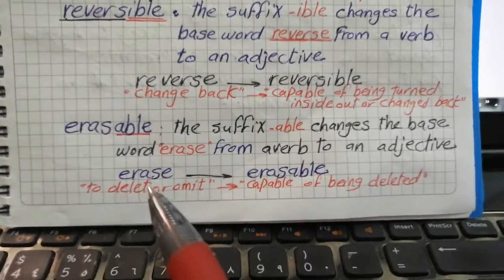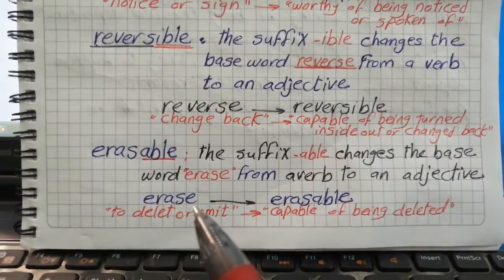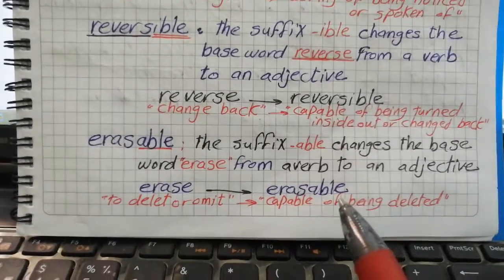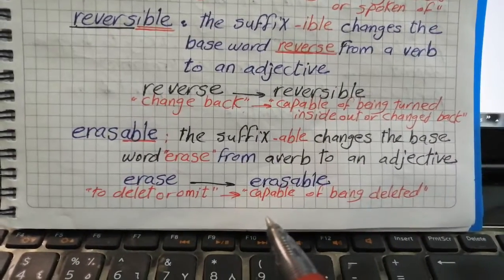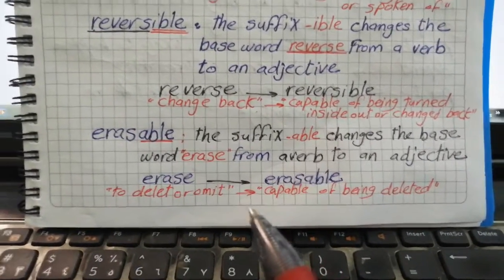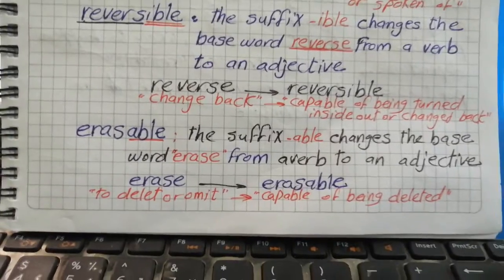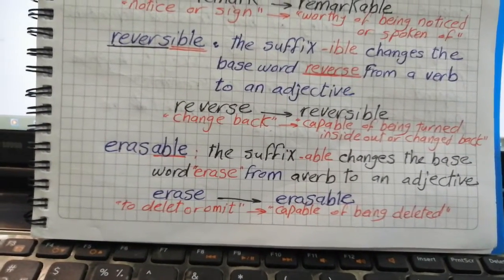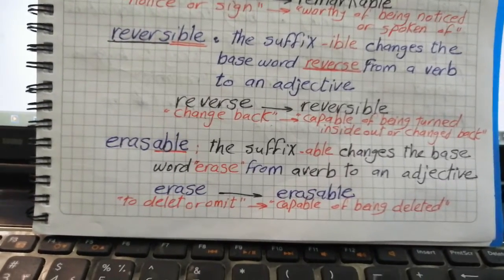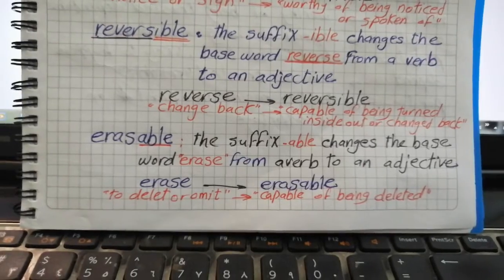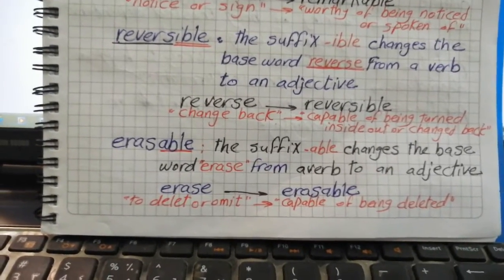So the E is dropped, then we add ABLE, a spelling change. Erasable means capable or able to be deleted. So when I say this remark he added is erasable, or he wrote on the board with an erasable marker, erasable means capable of being deleted or omitted.